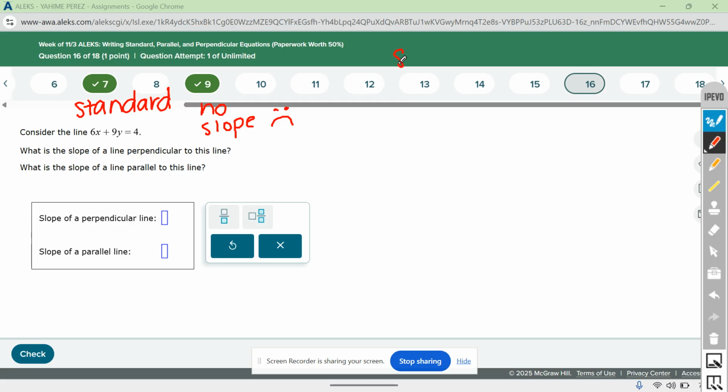So we have to go from standard form to slope-intercept form with 2 steps. We're going to do the exciting move, which is to move x, and we're going to do the great divide.